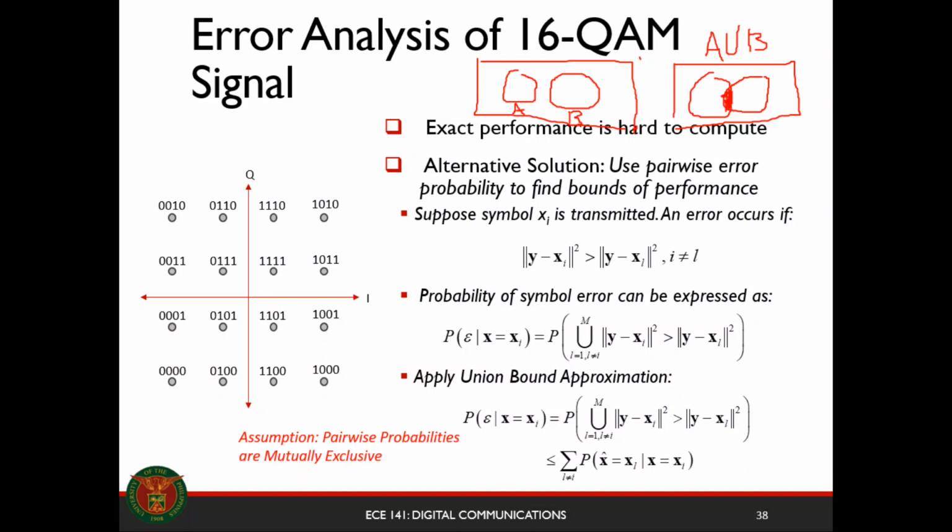Then it follows that the maximum value of the probability of A union B is when they don't have any intersection at all, and that value is when we add all the probabilities of the individual events. So this will be the maximum value of your probability of error.